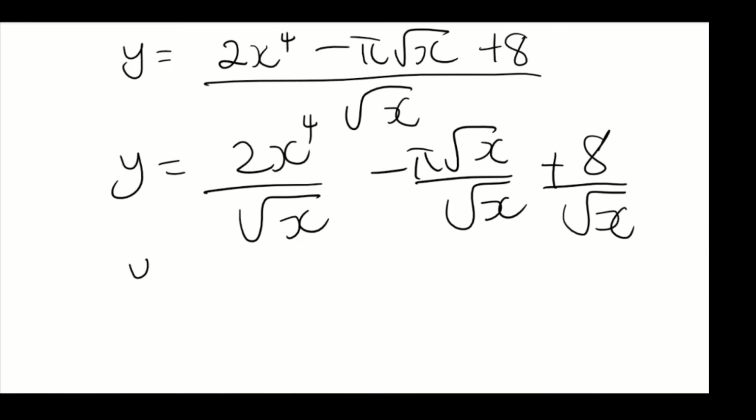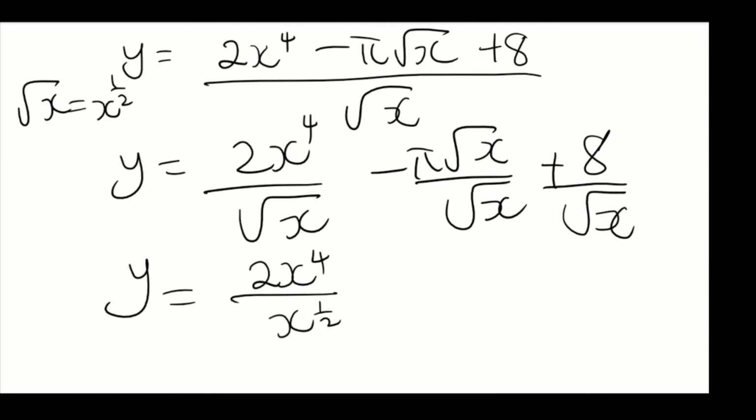So y is equal to, please note that root of x is the same as saying x to the power of 1 over 2. So meaning 2x to the power of 4 over x to the power of 1 over 2 minus, this portion here, root of x and root of x divide out. Then we are left with minus pi plus 8 over x to the power of 1 over 2.